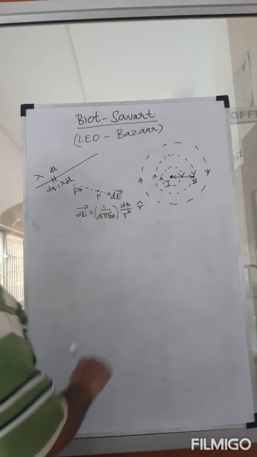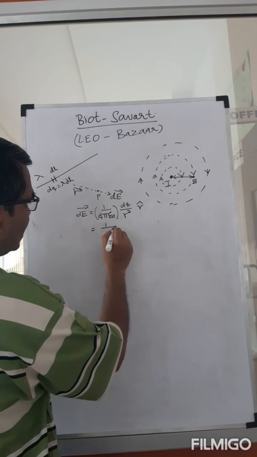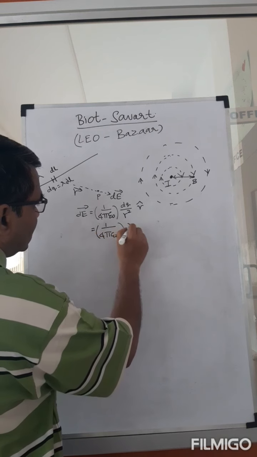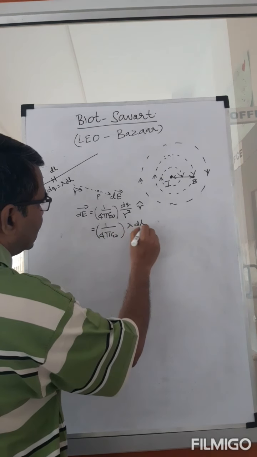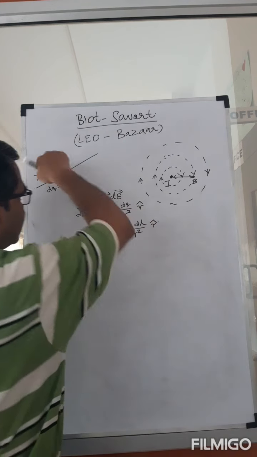Okay. So this would be 1 by 4 pi epsilon naught lambda dl by r squared in the direction of this.